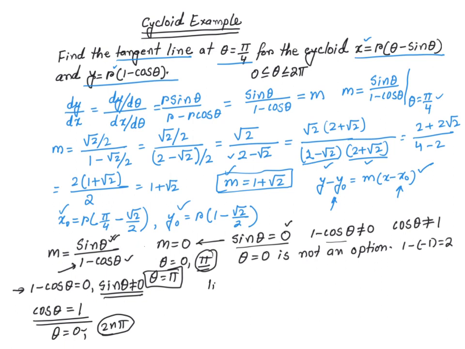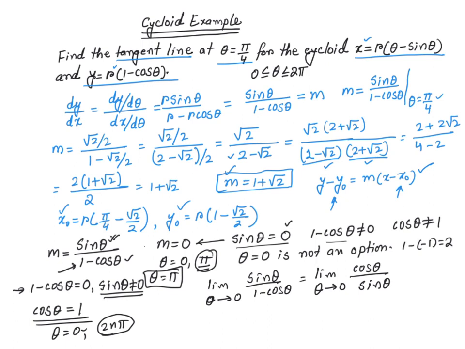So limit as theta approaches 0 of sine of theta over 1 minus cosine of theta. So this becomes 0 over 0, which is the same as the limit as theta approaches 0 of the derivative of sine of theta, which is cosine of theta, divided by sine of theta. Okay.